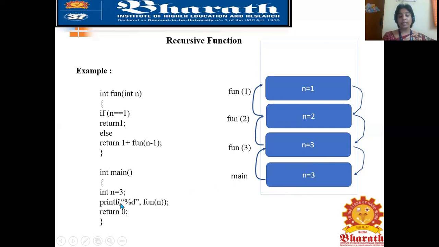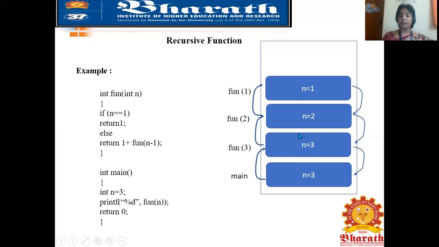Then this parameter is passed to the function call, so my function call will be fun of 3. When the compiler sees this function call, it makes the activation record for fun of 3 over the main function.